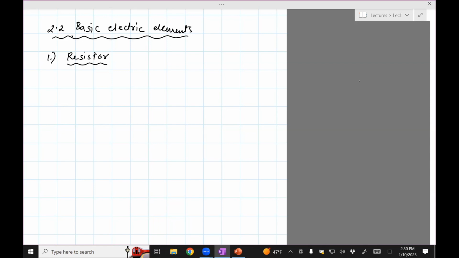A resistor is something which you can buy. Do you know how much a resistor costs? Any guesses? It's very cheap. I think you'll get 10 of them for 25 cents.